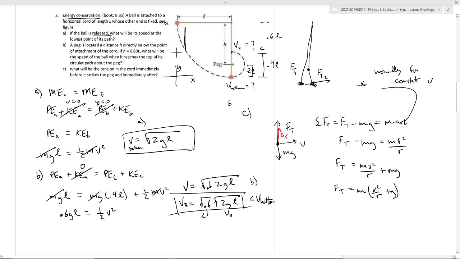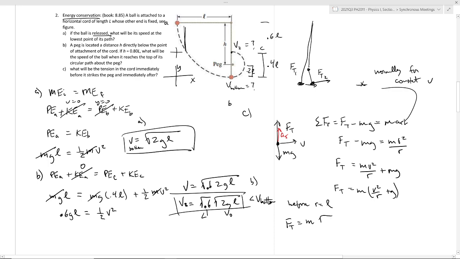And we could try this for these two different cases. So immediately before it strikes the peg, the radius is L, in which case the tension, oh, and we have v as well.